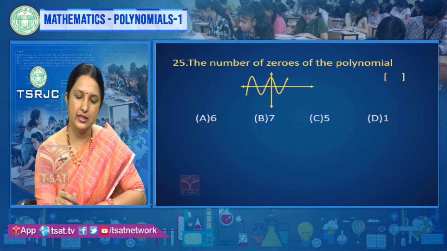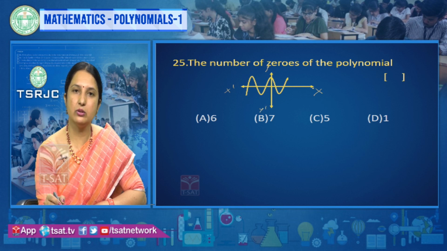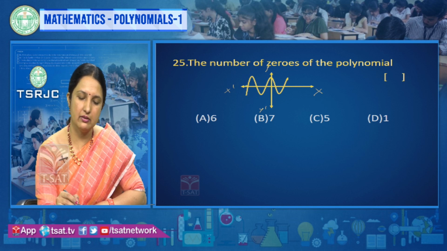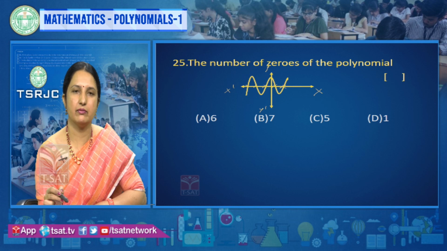So here this is the x-axis, and this is the y-axis. But we have to observe only the x-axis. On the x-axis, how many places is this curve intersecting? Here 1 place, here 2, and here 3, 4, 5. Only 5 places it is intersecting.